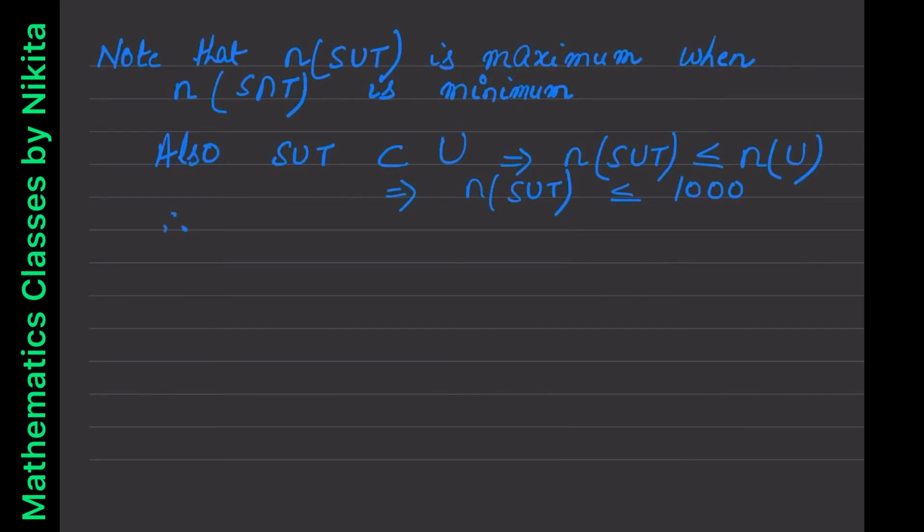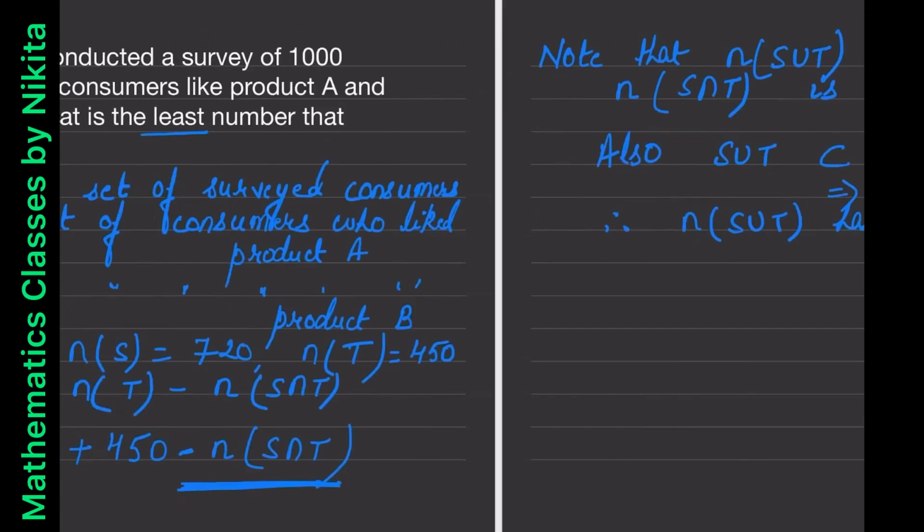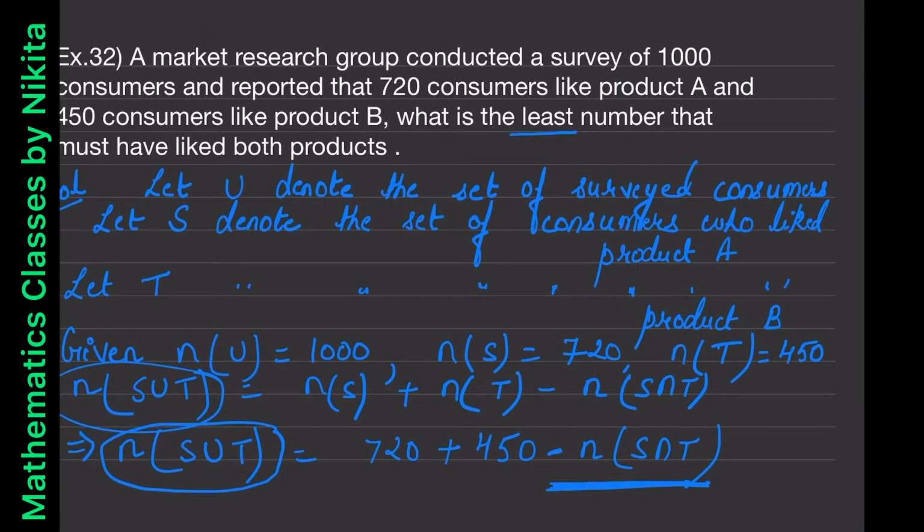So therefore N of S union T has maximum value 1000. And now what will we do? We will substitute the value of N of S union T as 1000.